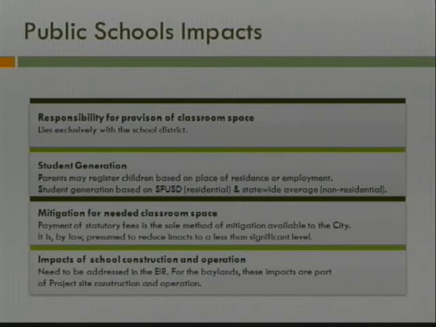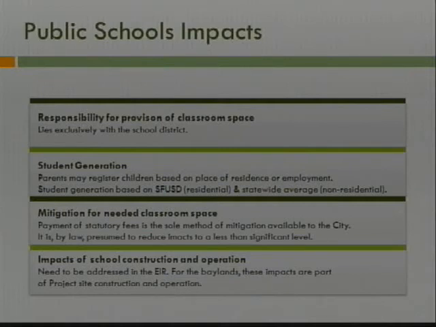The way that the school analysis was done was to look at how many children would be generated per dwelling unit and how many students would be generated by commercial and industrial uses. Because in the state of California, you can register your children for school based on where you live or where you work. That tells us something about California, how many people don't work where they live.